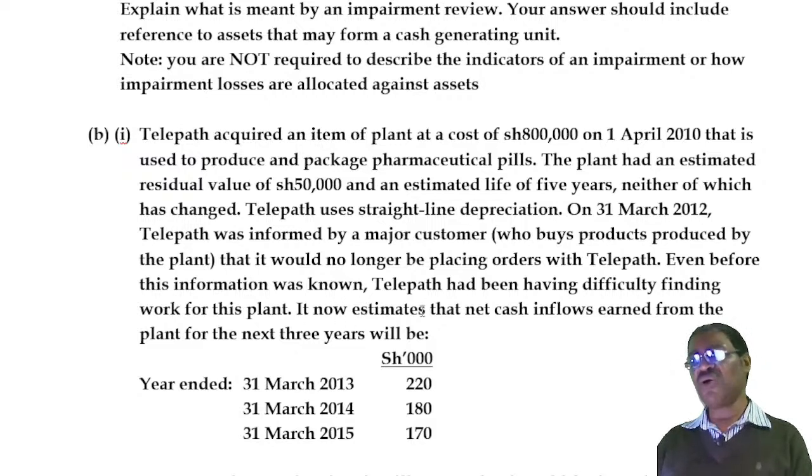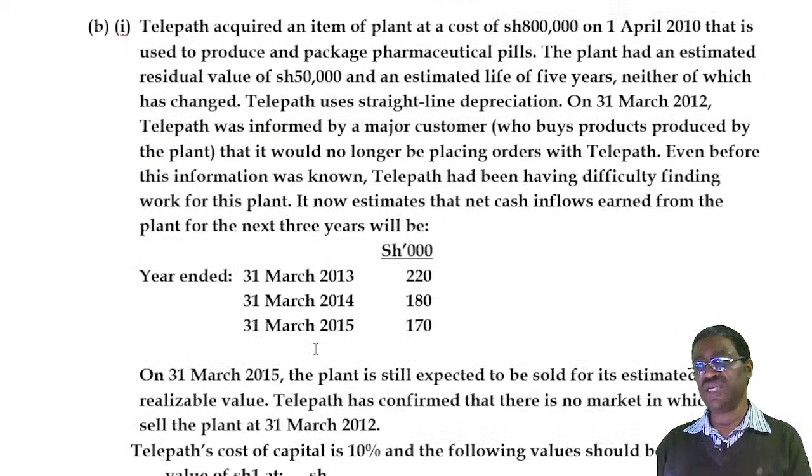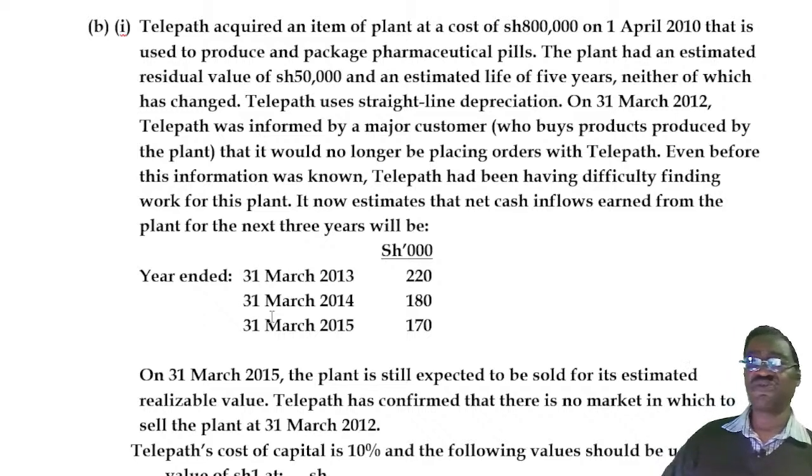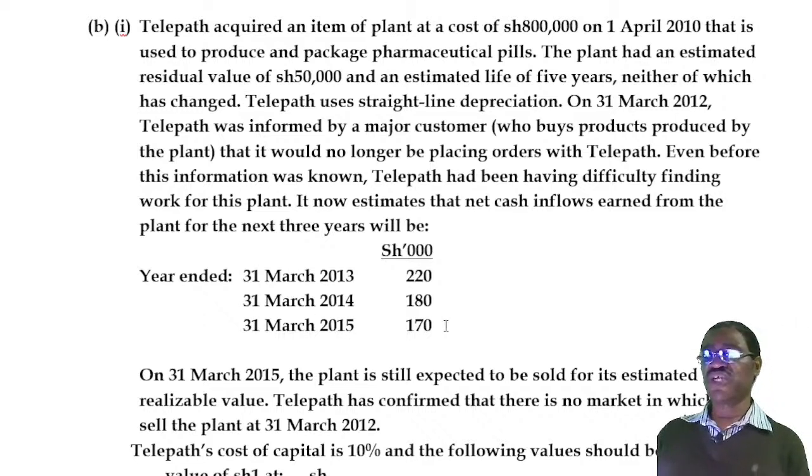It now estimates that the net cash inflow from the plant for the next 3 years will be, by end of March 2013, 220,000. Figures are in thousands. By 31st March 2014, we expect to generate 180. And by 31st March 2015, we expect to generate 170.